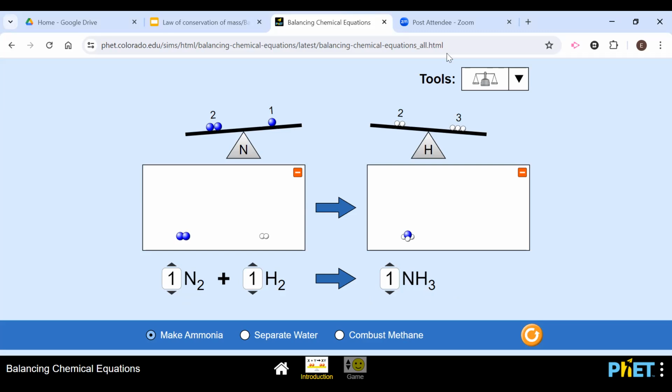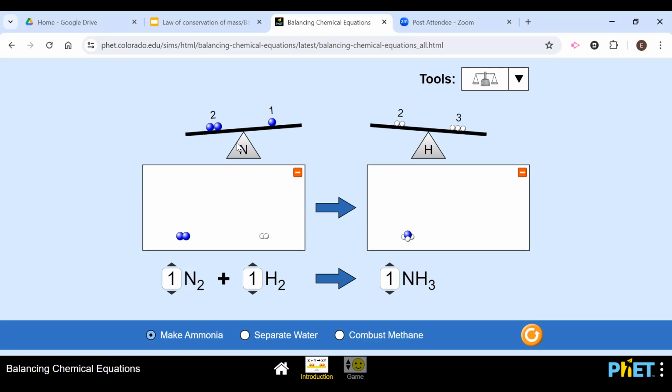So the first thing you do, I'll advise you always start with the more complex substance. We have elements here, and also molecules, this is a compound, right? There's one nitrogen here, there's 2 here.